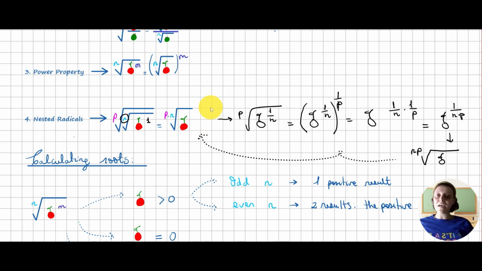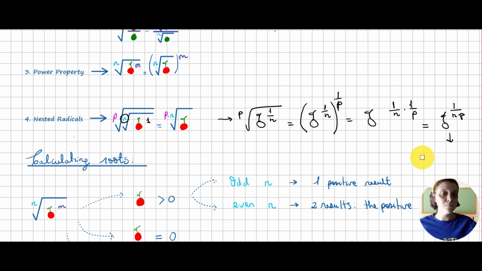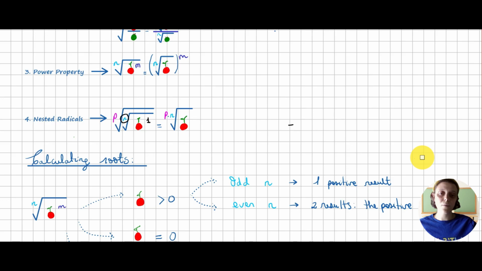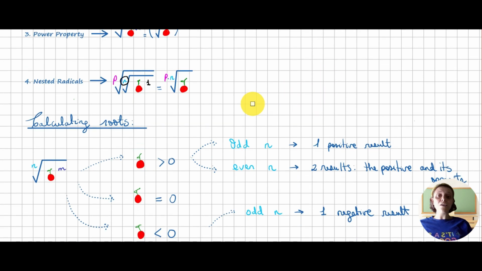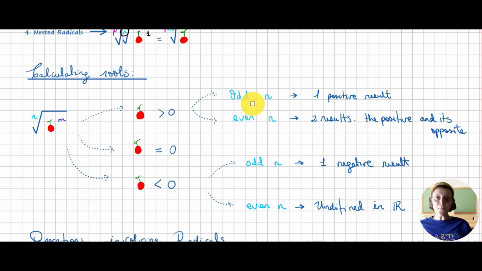So with this said, I am going to erase this right here, as it was already explained. And now we're going to move on to calculating roots, okay?